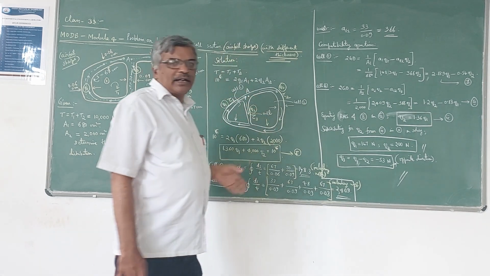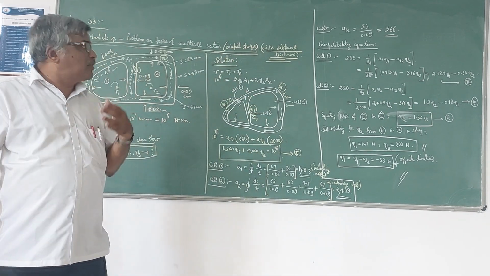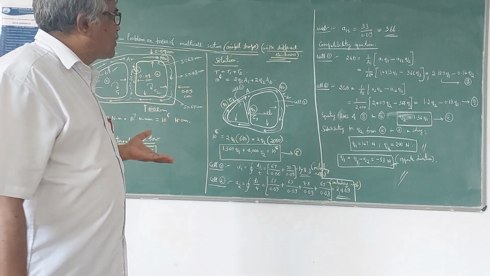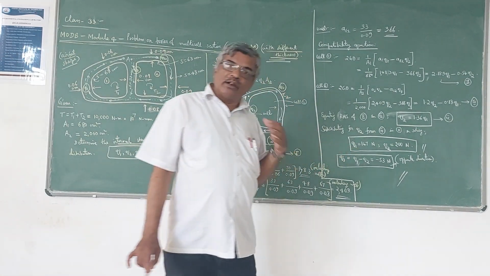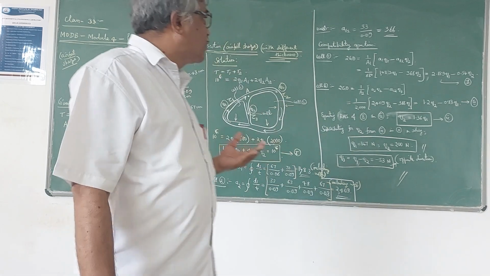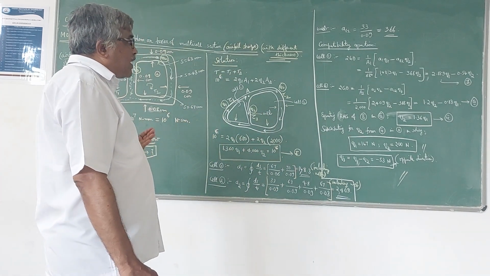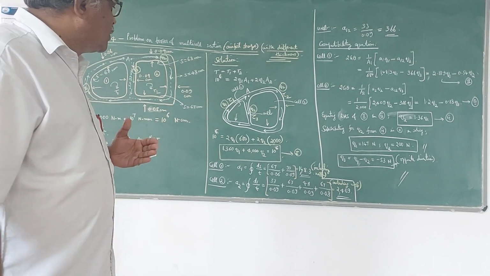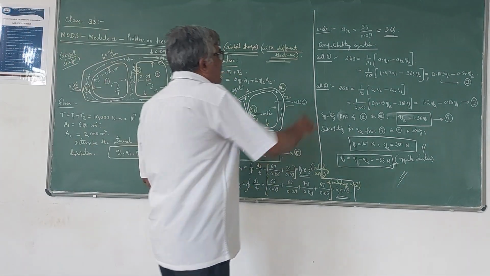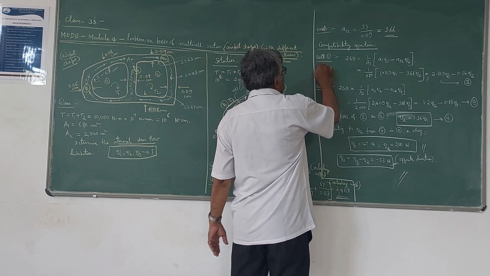Now after calculating those closed integrals, we have to apply the compatibility equations. In terms of Q1, Q2, A1, A2 and A12, we have to write these compatibility equations like this.